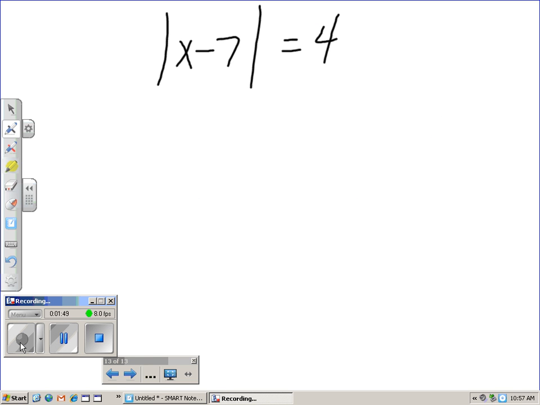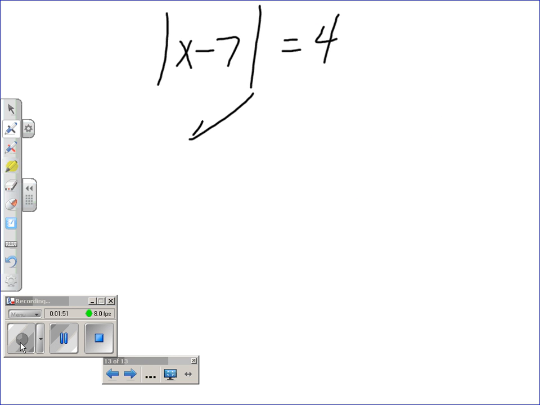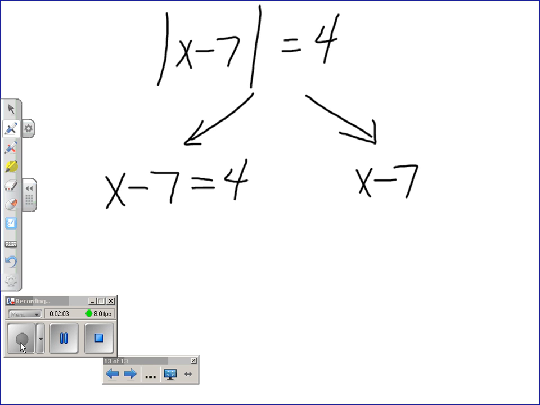Let's use that same pattern to set this up. Here's our first situation, here's our second situation. First situation, just write it as it is without the brackets. Second situation is just change the 4 to the opposite, negative 4. Now in between here you can put and, some people say or.